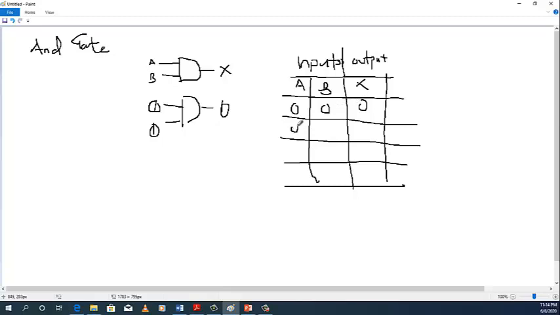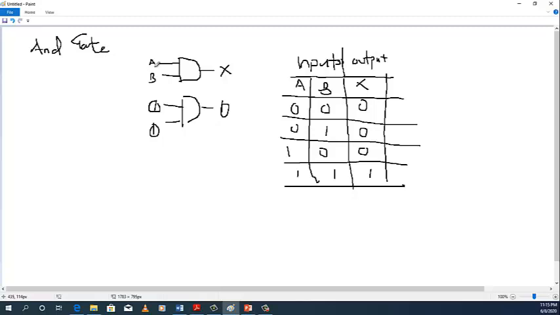If you input 0 on A and 1 on B, our output would be 0. If you input 1 and 0, our output will be 0. If you input a 1 and a 1, you're going to get a 1. So this is our truth table. We have 4 possibilities from this logic gate.